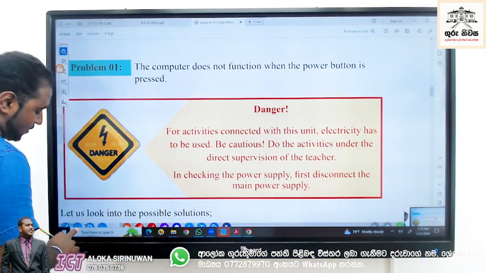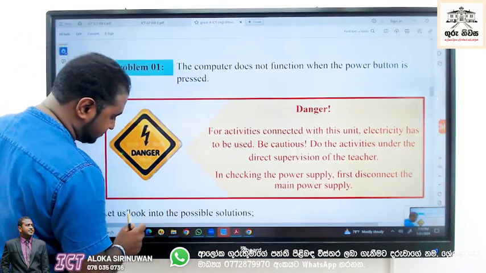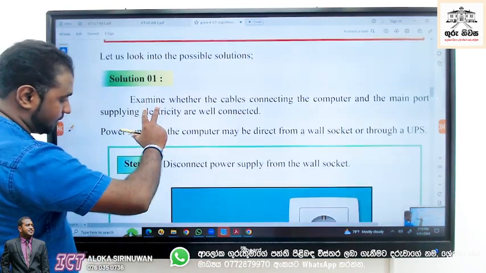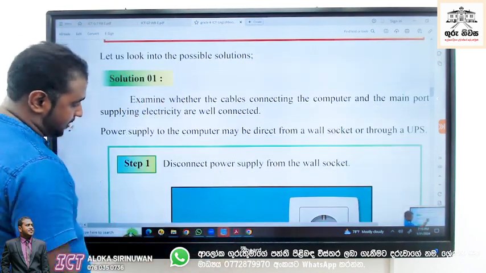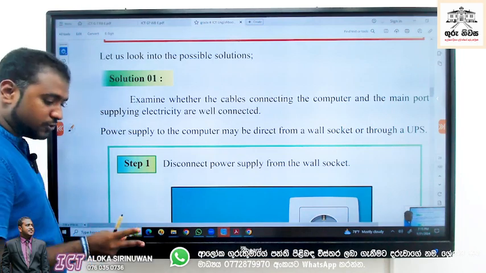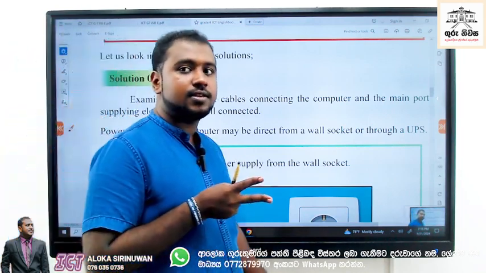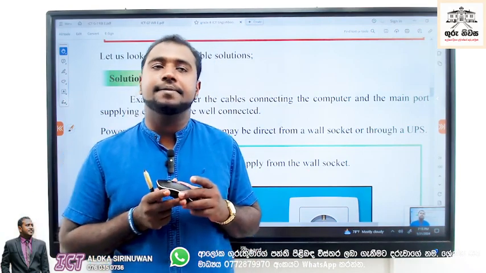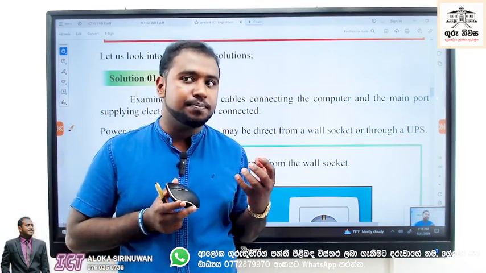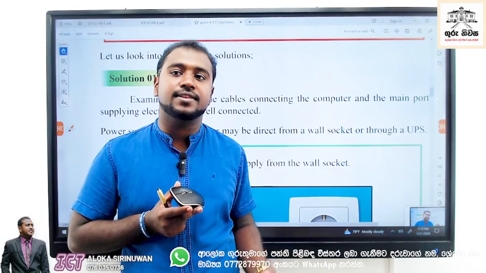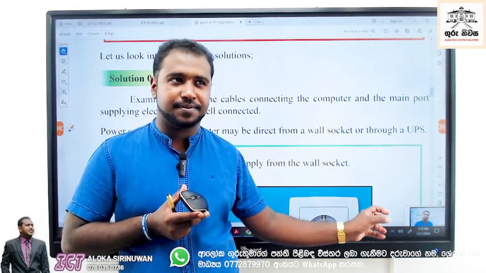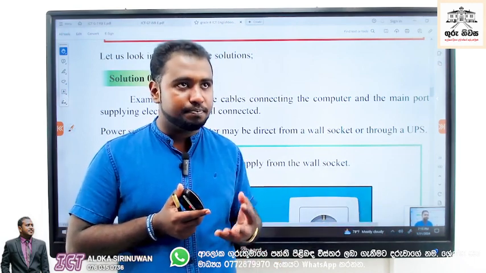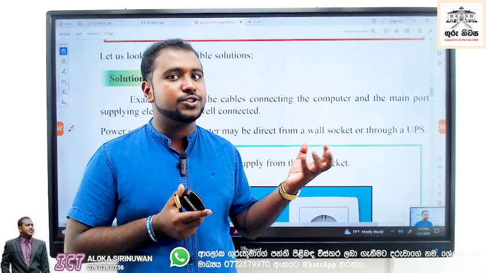How to solve this problem. Solution one. There are two solutions for this problem. Sometimes your computer may be connected with a UPS.